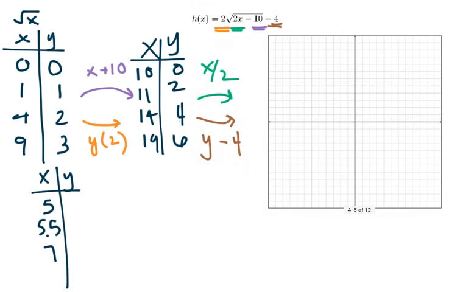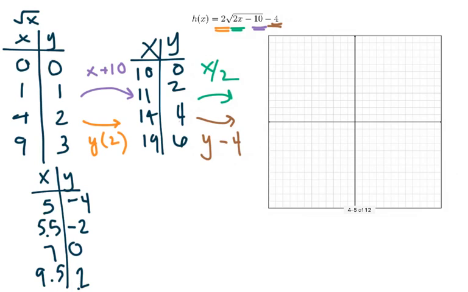And 19 divided by 2 is 9.5. Okay. Then I'll take my y's, shift them all down. So we'll have negative 4, negative 2, 0, and 2.